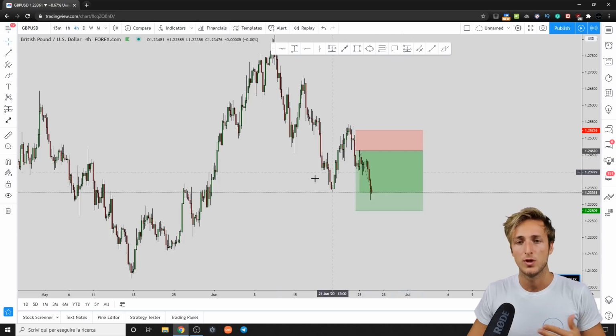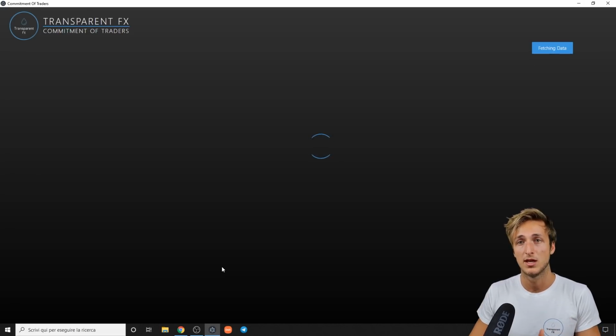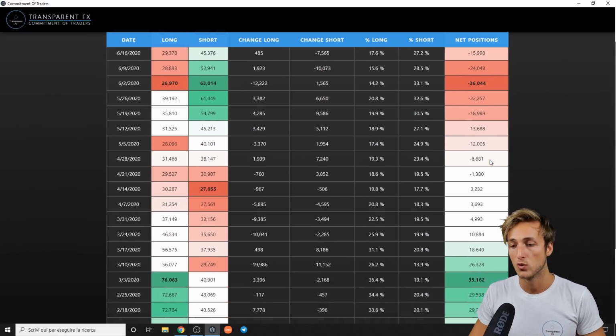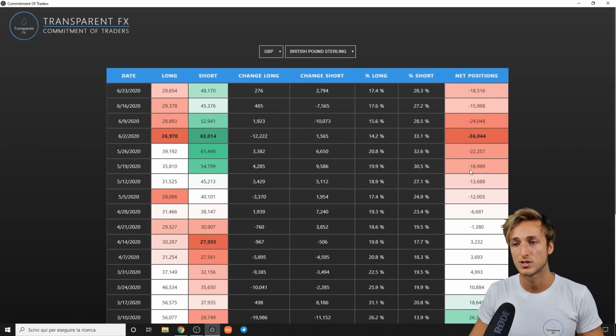Now, what we also had when we performed this analysis is obviously from a COT perspective, very good confirmations. In fact, we clearly knew that hedge funds had shifted their positioning from having more longs than shorts to having more shorts than longs. So we definitely wanted to see an overall downtrend to the downside.